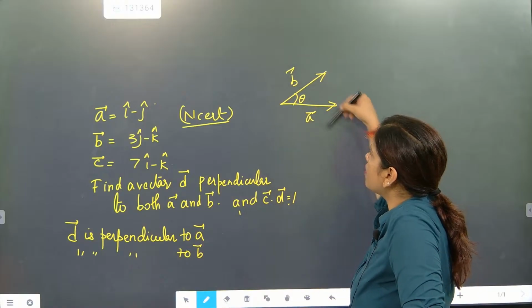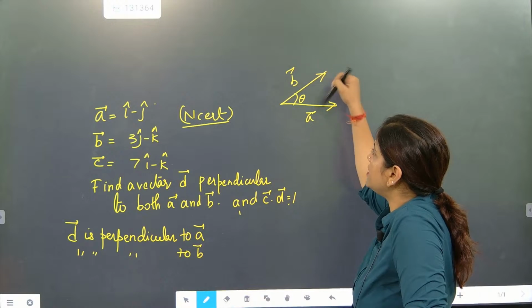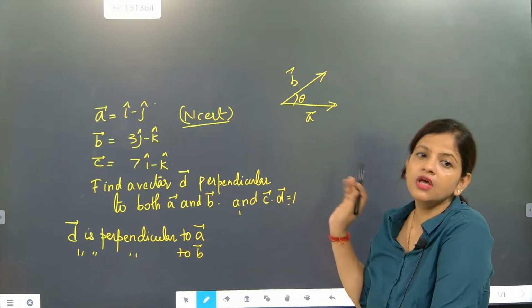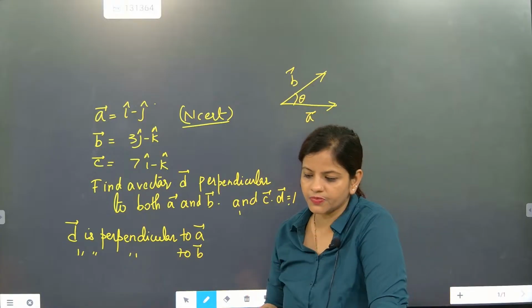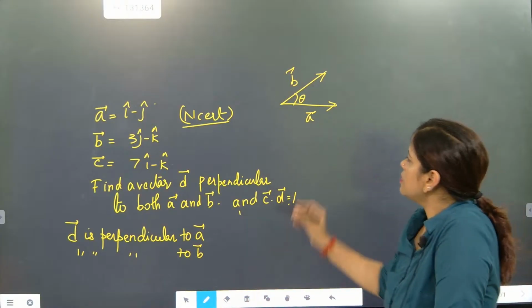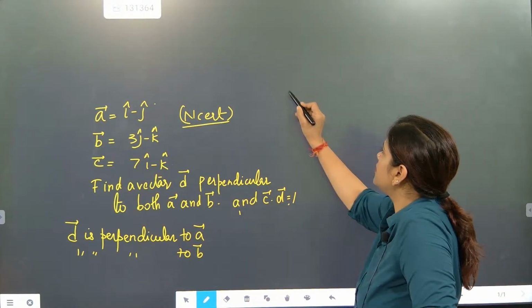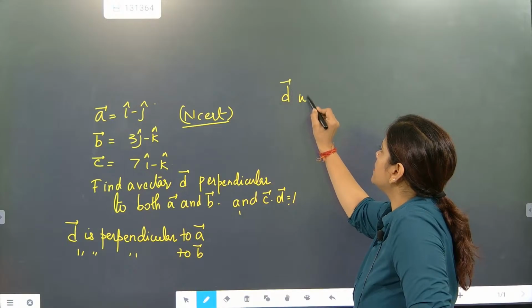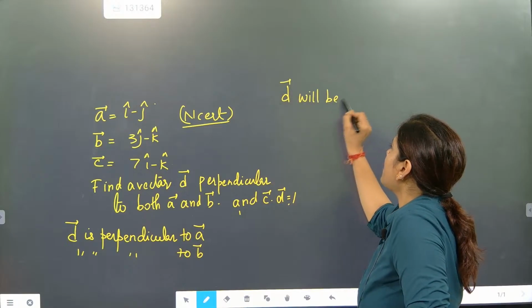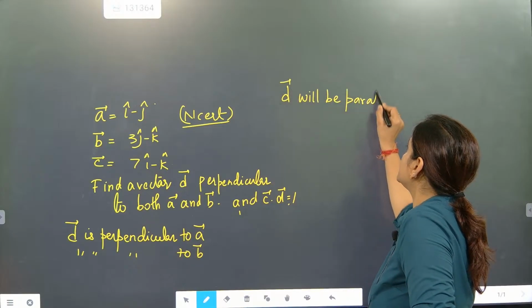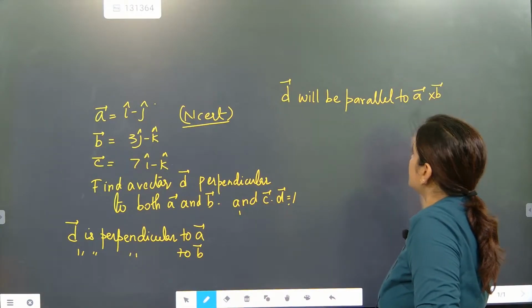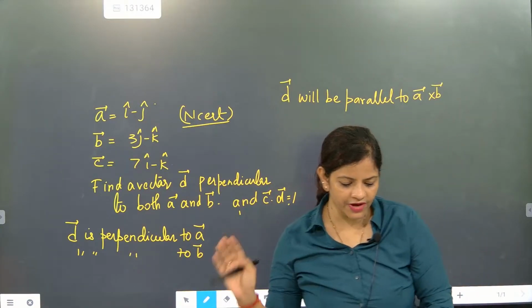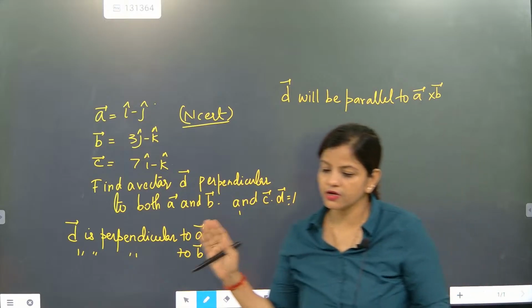So if we draw D vector separately, it will become parallel to A cross B. So write down this one. D vector will be parallel to, always remember this one, parallel to A cross B vector. Done?